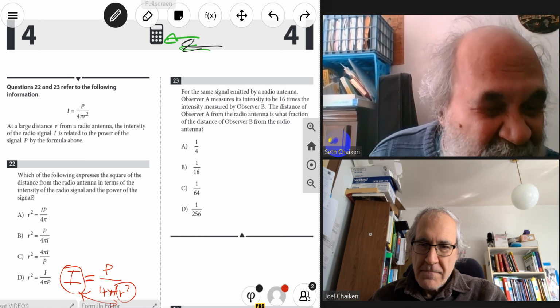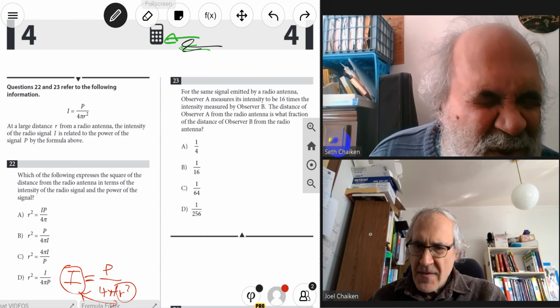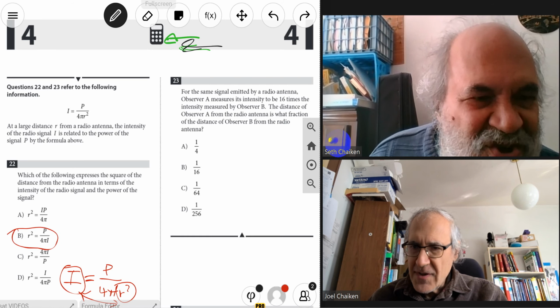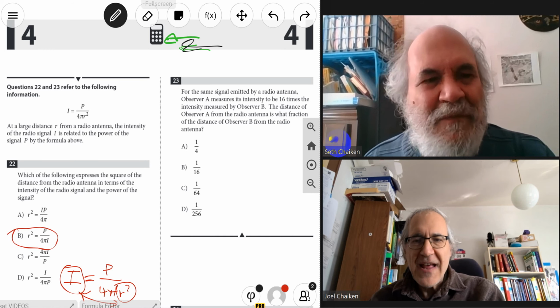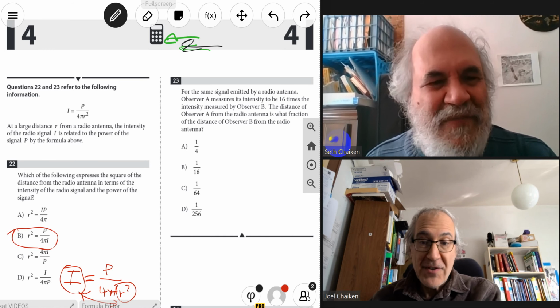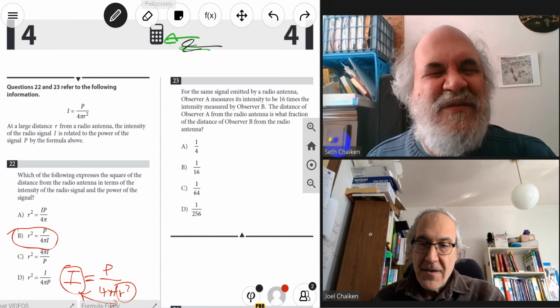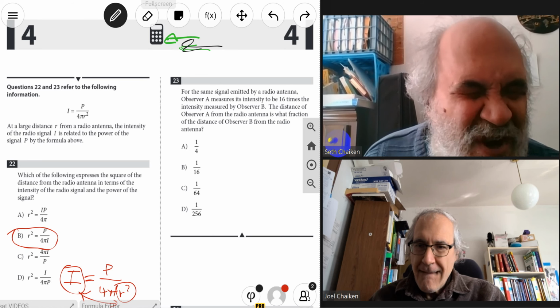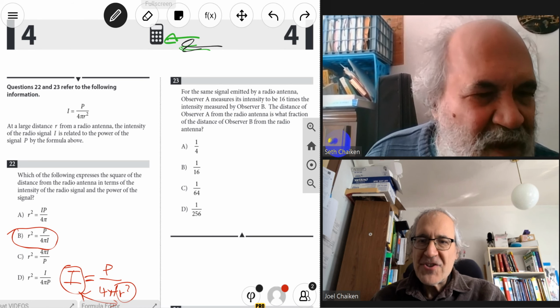Which choices have I in the denominator? The only one that has I in the denominator is this one. You can do that really quickly just by looking at the only one that has an I in the denominator. But if you use that strategy, you have to check the rest. There are so many different ways.